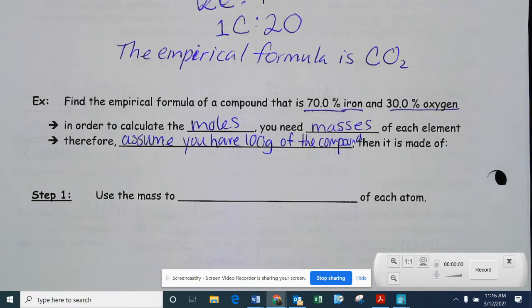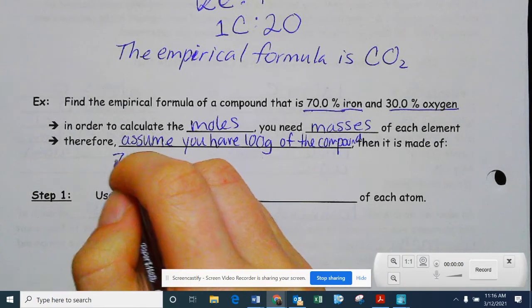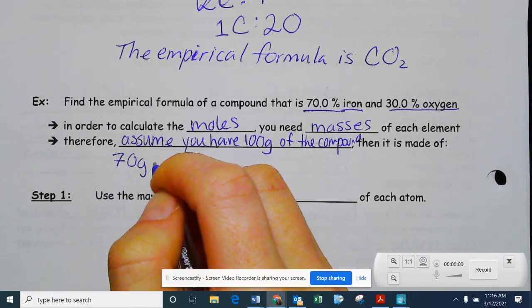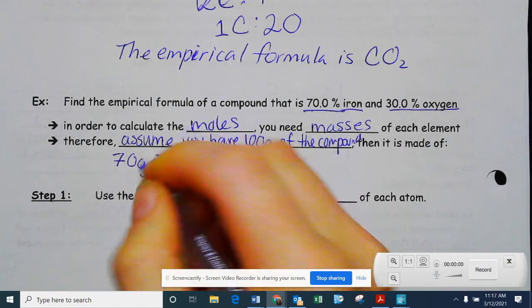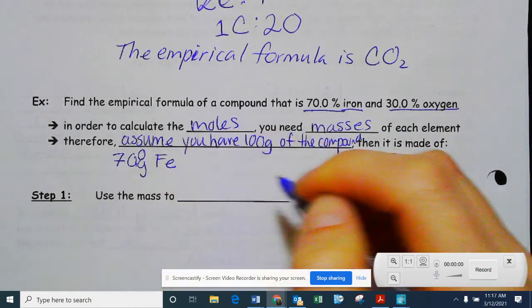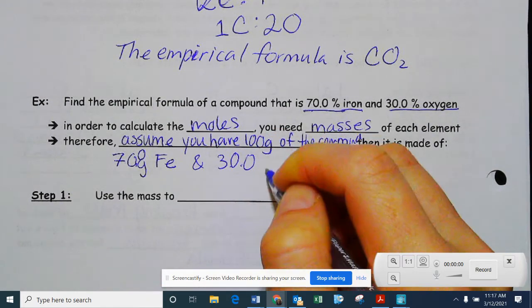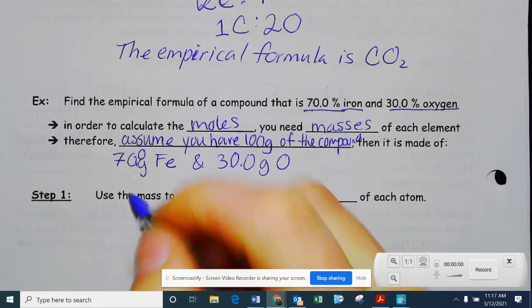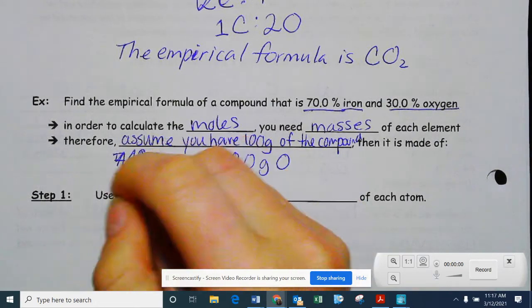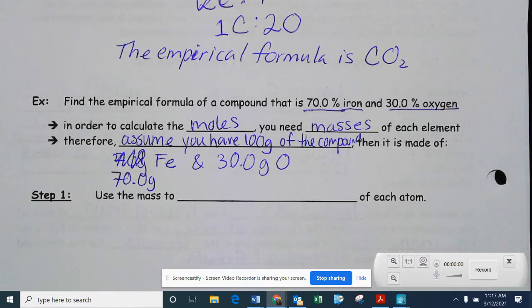So it's made up of 70.0 grams of Fe and 30.0 grams of oxygen.